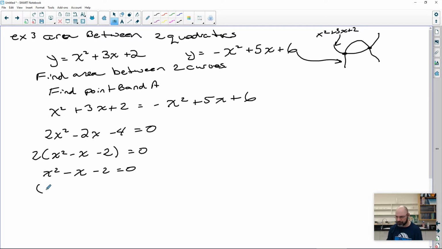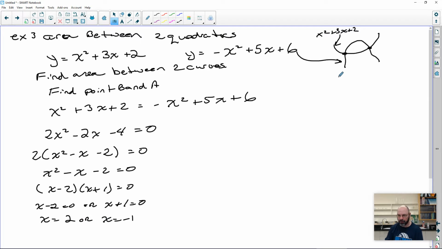And then factoring, we get x minus 2 and x plus 1 equal to 0. That would mean that x minus 2 equals 0 or x plus 1 equals 0. So we've got x equals 2 or x equals negative 1.